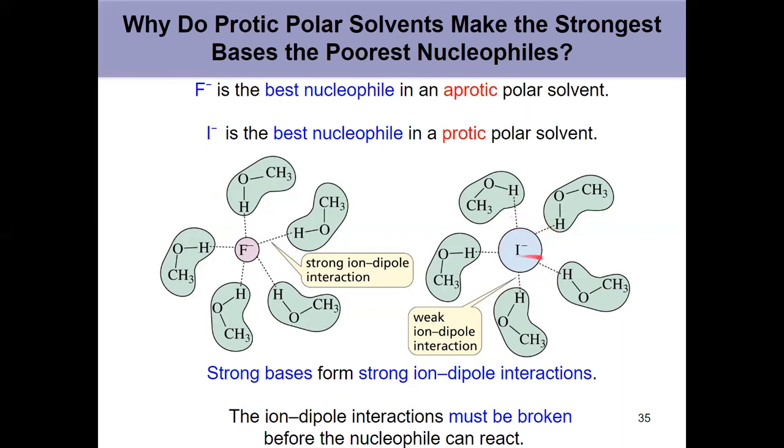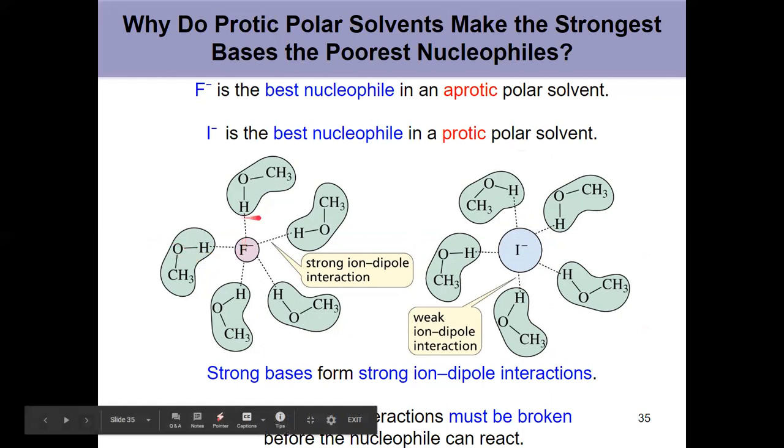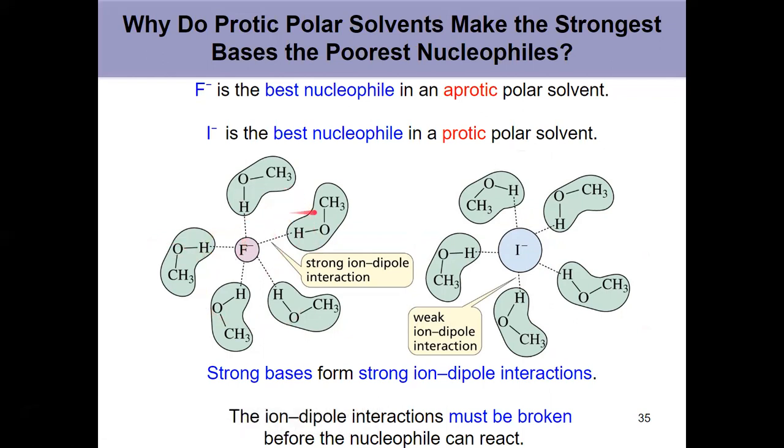So it can still act as a nucleophile and kind of shrug off the solvent that it's surrounded by, which is why the protic versus aprotic is significant. If it's polar protic, those interactions are so strong it weakens those nucleophiles. So bigger is better in that case, and iodide would be the best nucleophile in polar protic.